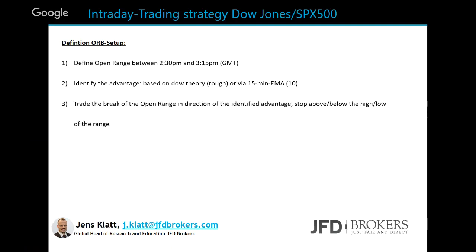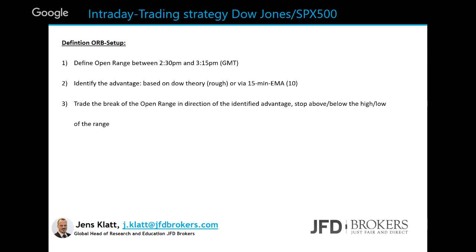And you can see that obviously we have to wait till 2:30, respectively till 3:15, because between 2:30 and 3:15 you can then define the open range, the high and the low, and then identify the advantage, which we will do in our case based on the 15-minute exponential moving average 10. If we're trading above that, we're only trading the long side. If we're trading below that, we're only trading the short side.